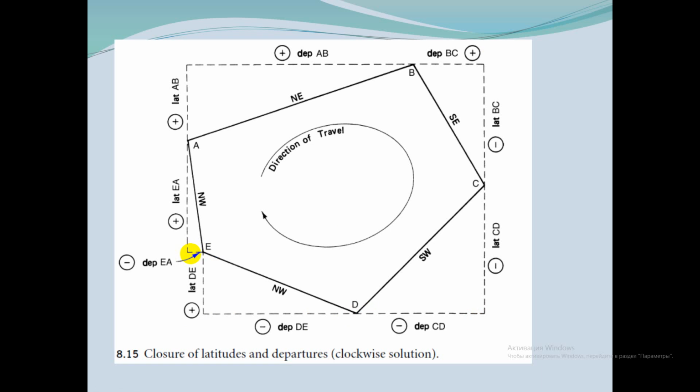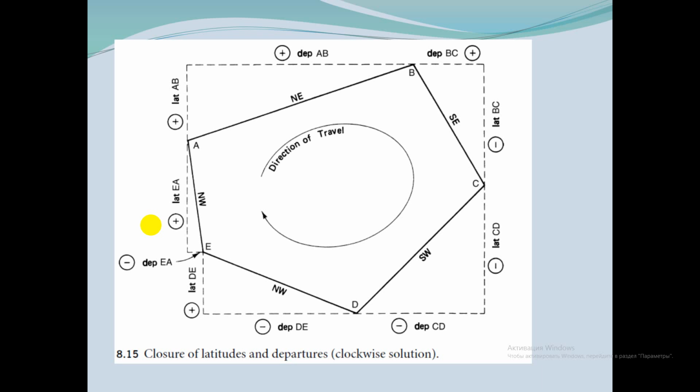In practice, however, random errors in each of the measurements of distance and angle will result in residual errors of latitude and departure, such that the beginning point and the ending point of the traverse do not perfectly coincide.